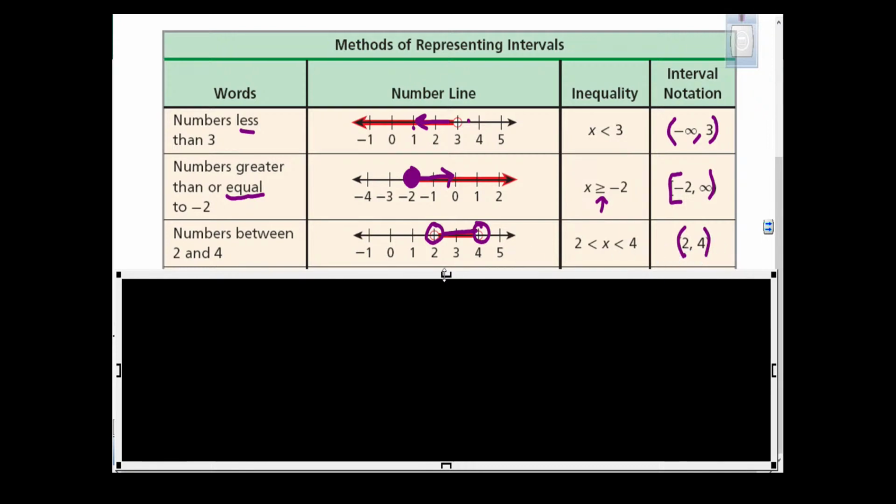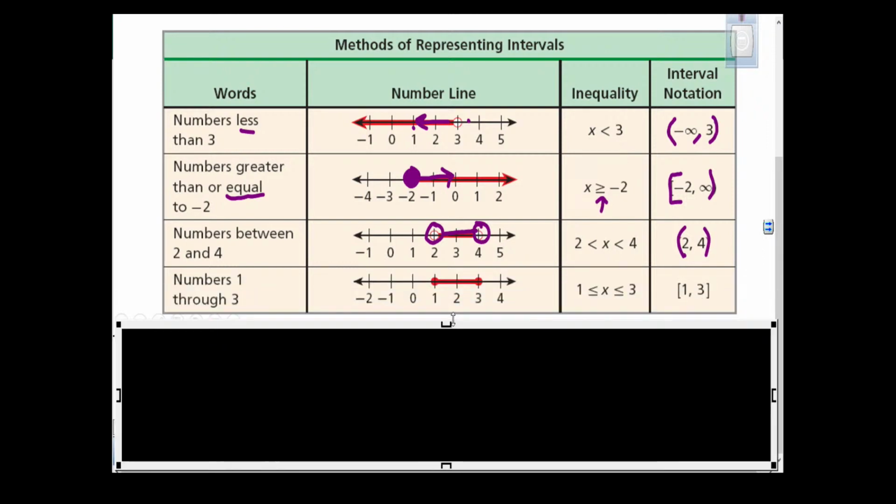All right. Last but not least is 1 through 3. If I told you to count 1 through 3, you're going to say 1, 2, 3. Which means this implies an equal to. You have to include the 1 and the 3. That's why on the number line, you include them. Everything between 1 and 3, including the 1 and the 3.